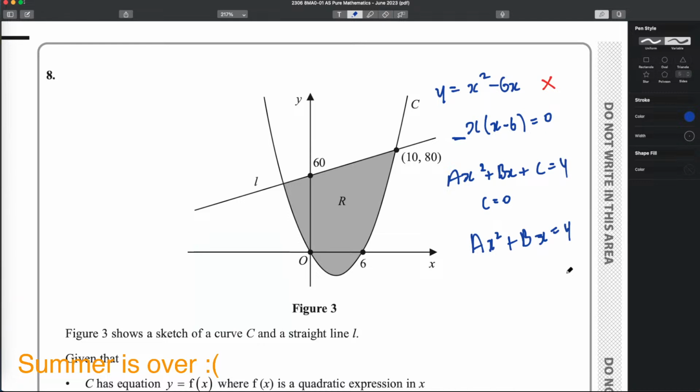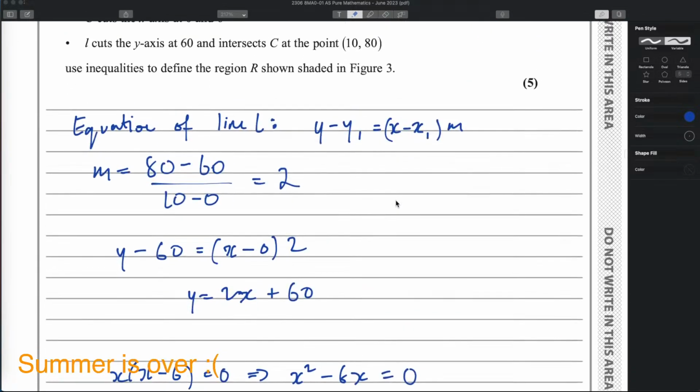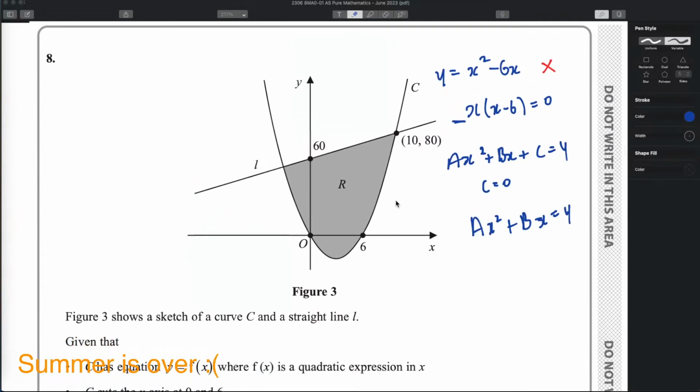That's incorrect. That's the mistake I made. It is not x squared minus 6x. Okay, let's do it the long way then, because I can't seem to remember.